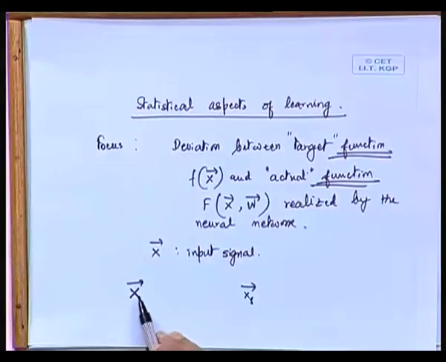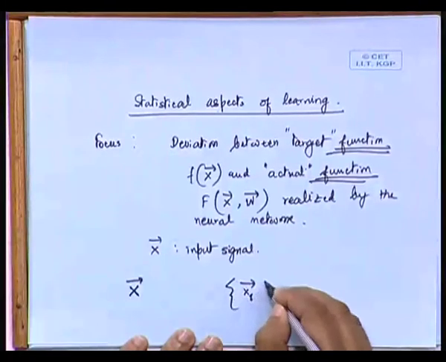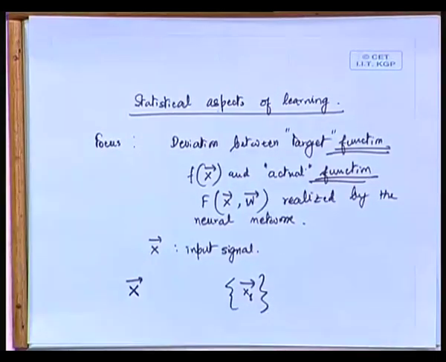So, I can define a random vector X, whose instances are all the xi vectors, and I can just happen to pick up n such instances of the random vector.